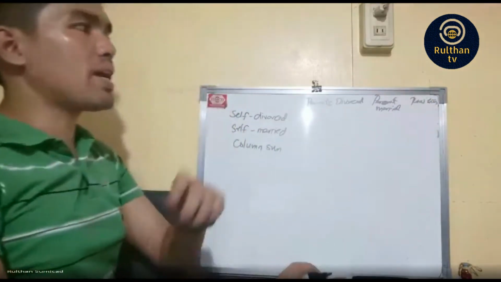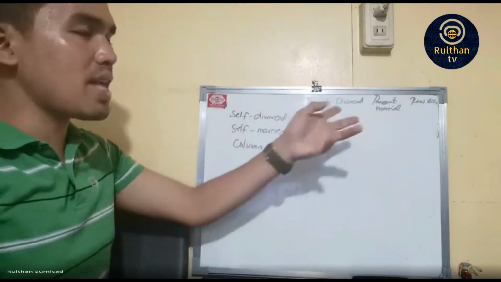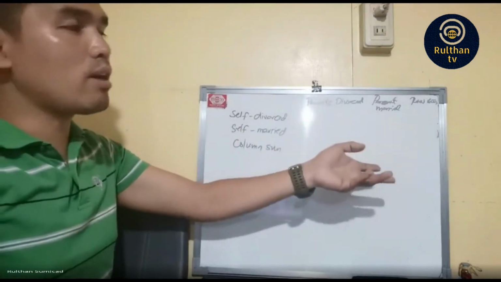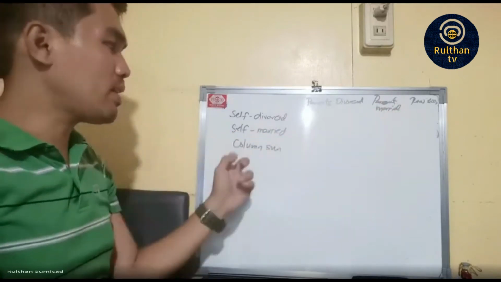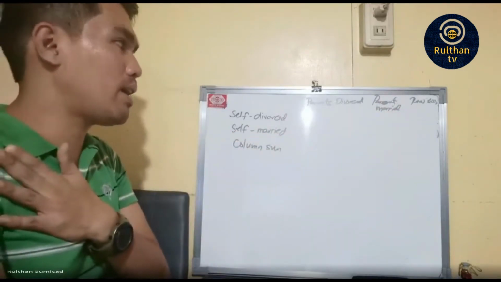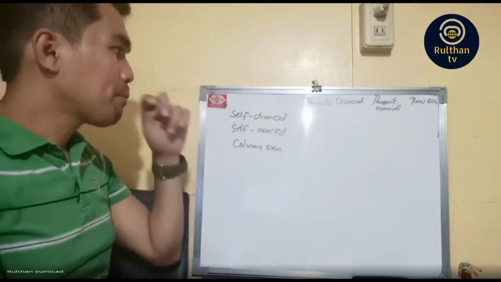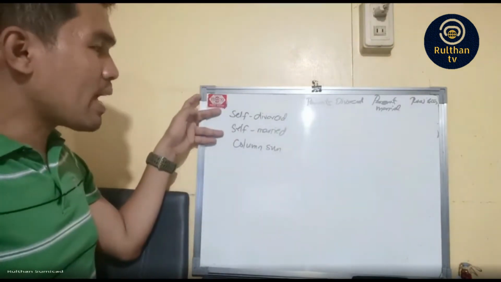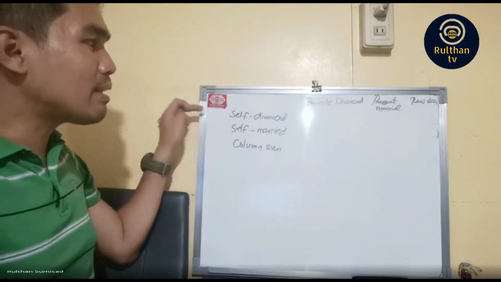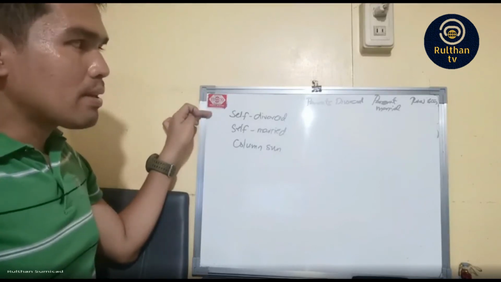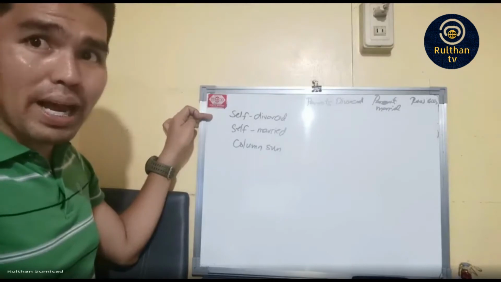Actually, the row sum here is important because later on in the two-way testing of the null hypothesis we are going to consider the row sum and the column sum for the expected frequency. So this one is the kids here who self-divorced. They got divorced as their parents were divorced before 18.